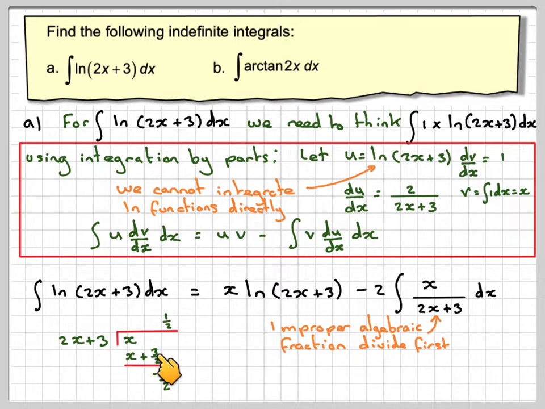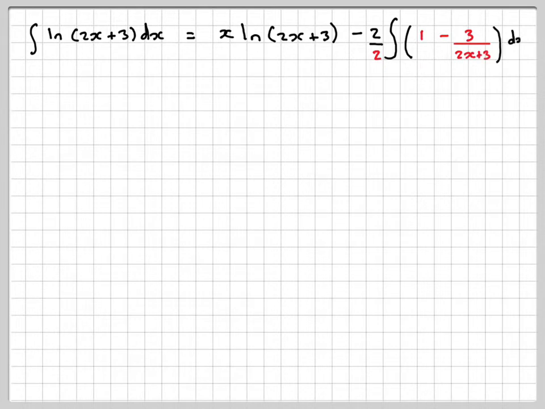So my integral can now be written as 1 minus 3 over 2x plus 3 over 2, because I've got 1 half, minus 3 over 2 when I rewrite it once I've done the division, so that 2 can come out. The 2's will cancel, which is quite nice.